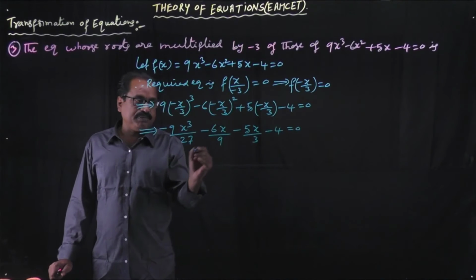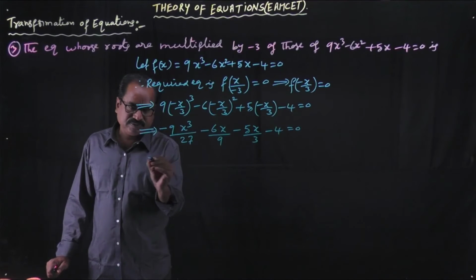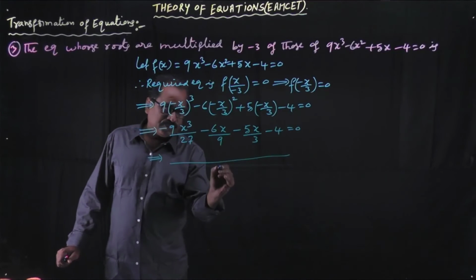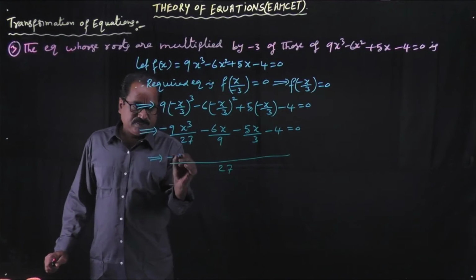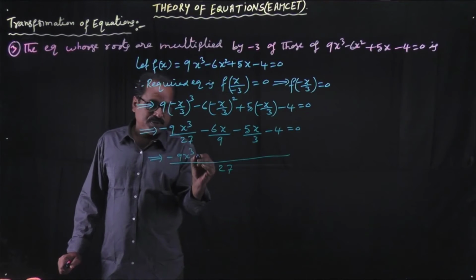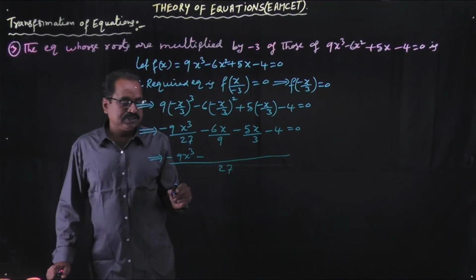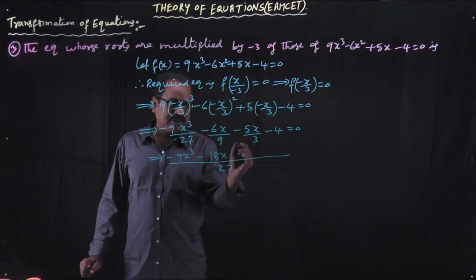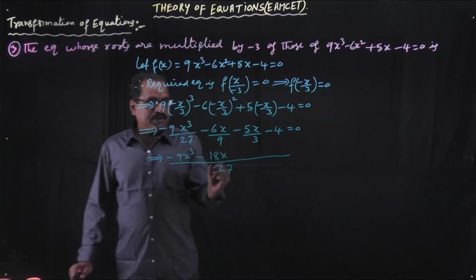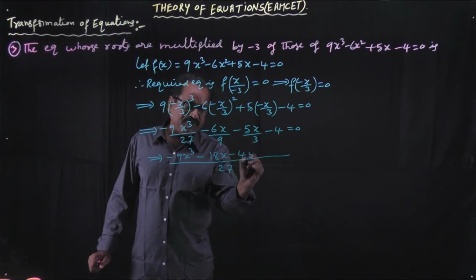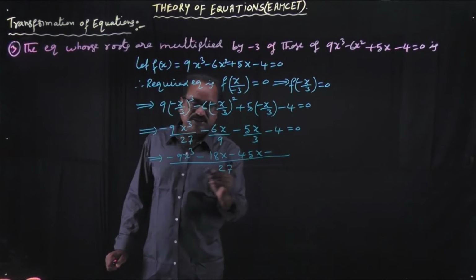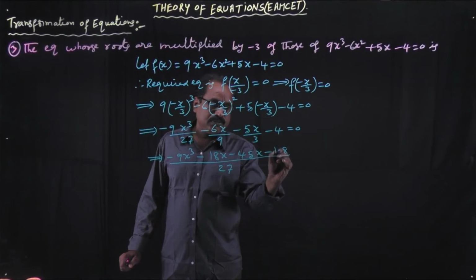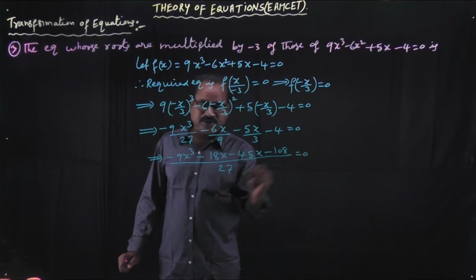So here the LCM is 27: minus 9x cube minus 3 times 6, that is 18x square, minus 9 times 5, that is 45x, minus 27 into 4, that is 108, is equal to 0.